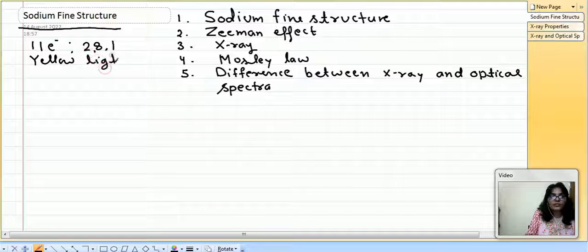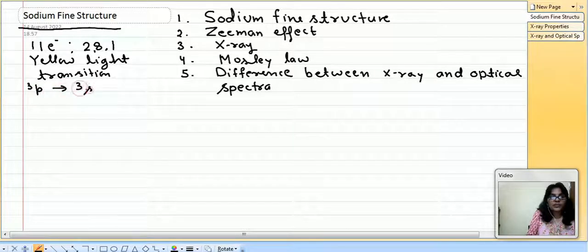The yellow light transition corresponds to the 3p state to the 3s state. So without LS coupling there are only two states, one is the p state and the other is the s state.